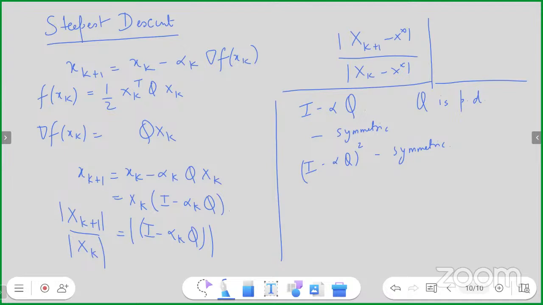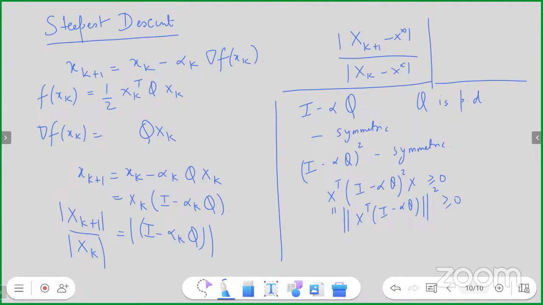What's the test? Whether x transpose (I minus alpha Q) whole squared x is greater than or equal to 0. That's my test. But what is this quantity equal to? It's just the norm squared. And this is greater than or equal to 0, so this is also PSD.